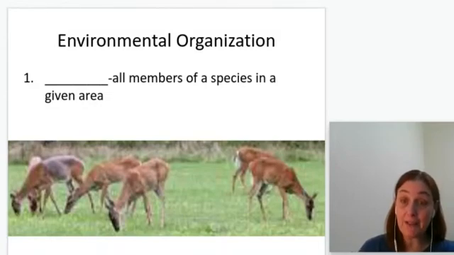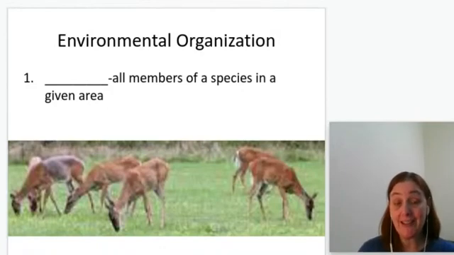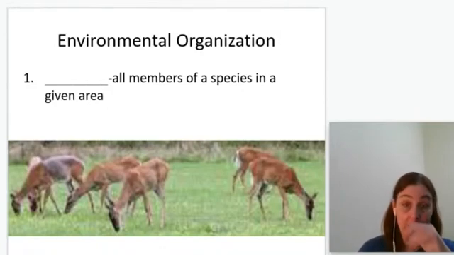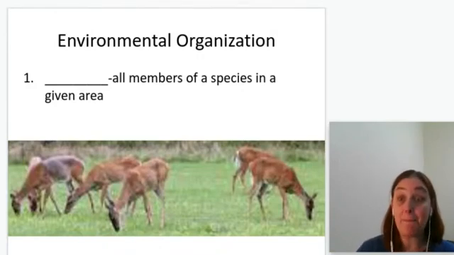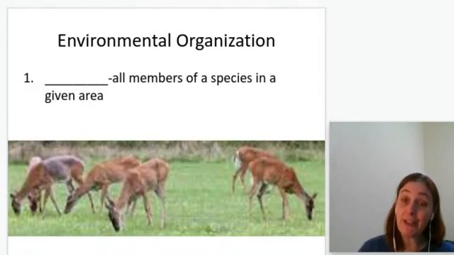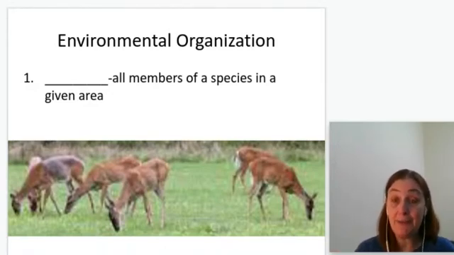Now, as it happens, the white-tailed deer population of New York State is out of control. There are way too many white-tailed deer. Now, there's a reason for that. We humans have removed the things that ate them. There were a lot of wolves and coyotes that preyed upon deer and kept their population limited.